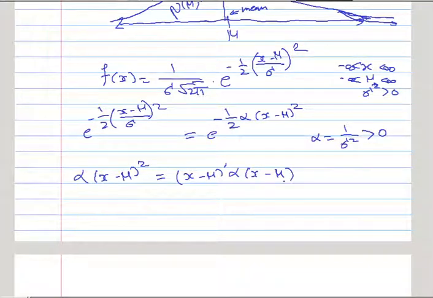Now x minus mu is a scalar quantity, so even if we take the prime of that number, it will be the same number. So (x minus mu) square is nothing but (x minus mu) prime into (x minus mu), and that alpha will come in between. Now all these are scalars. This is a 1 by 1 quantity, alpha is 1 by 1, x minus mu is 1 by 1 quantity. So all these are just pure numbers, scalar quantities.